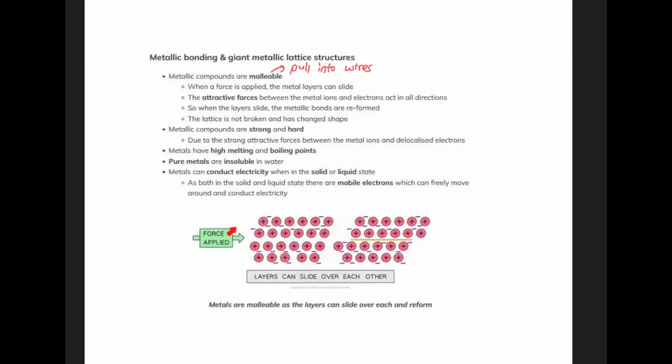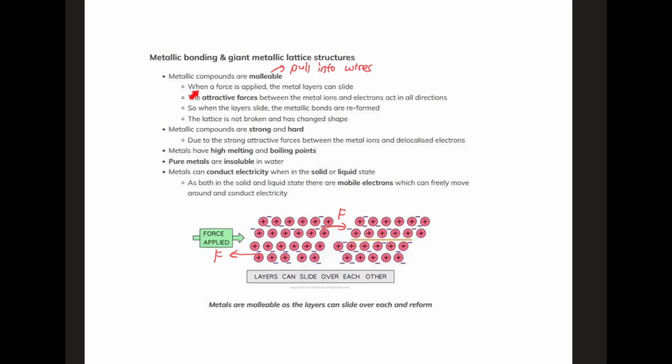You can apply force in this particular way. You use a machine to pull the upper part to the right, the lower part to the left. Then the two layers slide over each other, and this one forms one piece of wire, and this one is another piece of wire. So it works in this way, and we call this malleable. Okay, so it can slide over and reform.